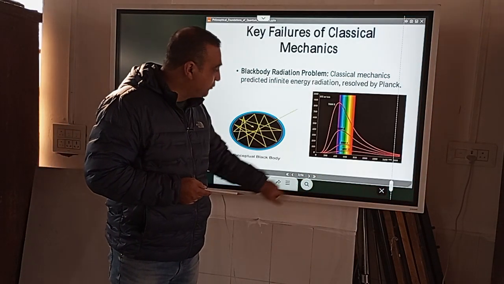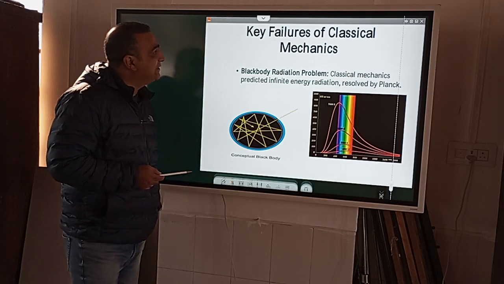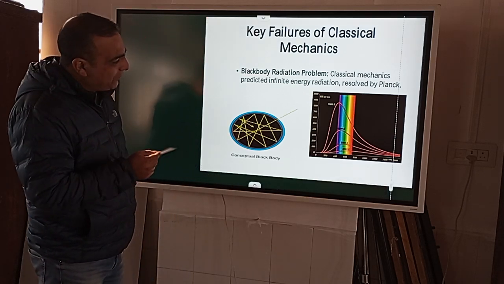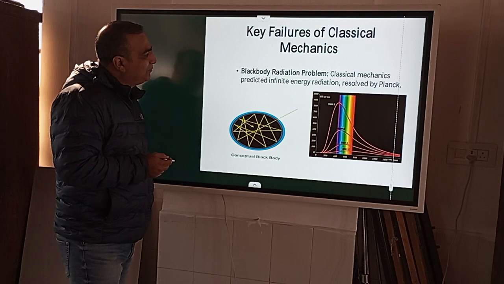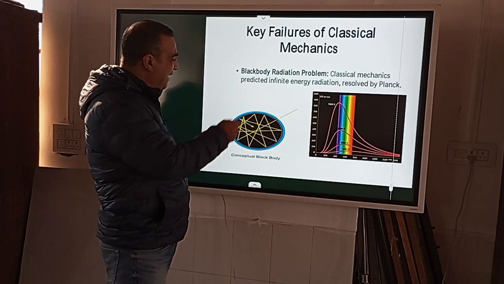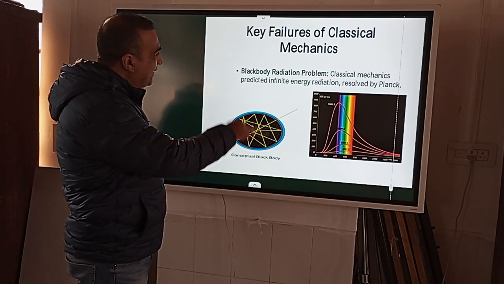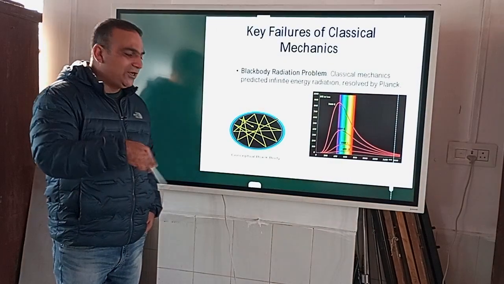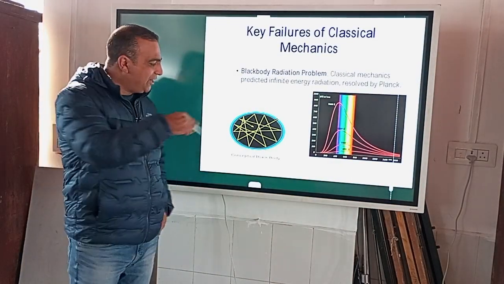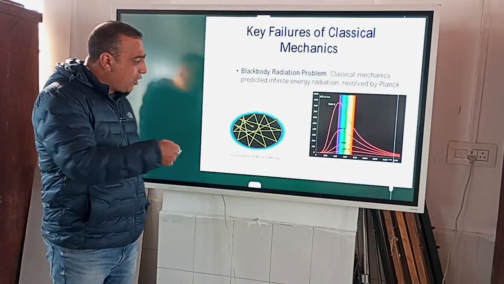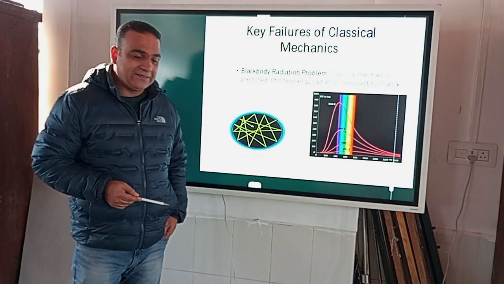Now, you can see in this photograph the black body radiation. What's a black body? A black body is something on which, if you bombard some radiation, it will absorb all the radiations ideally.